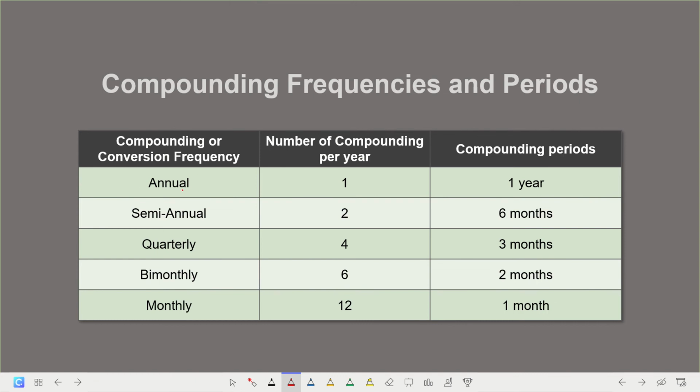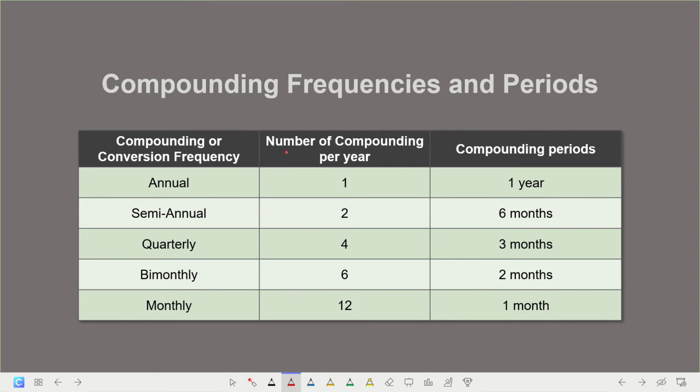Compounded annually is the same as compounding every year. Compounding semi-annually is the same as every 6 months. Quarterly is the same as every 3 months. Bi-monthly is the same as every 2 months. And monthly is the same as every month. So when you see compounded annually or any of these, that gives the value of n.